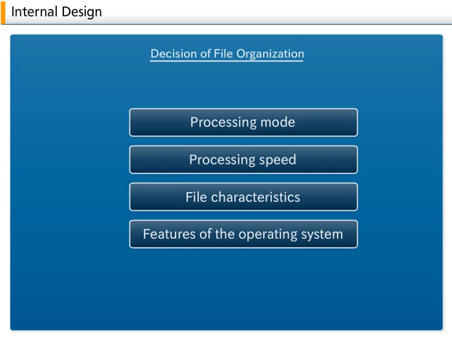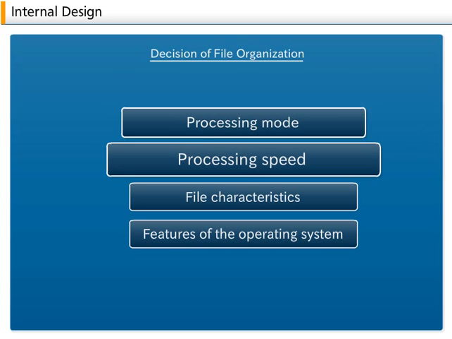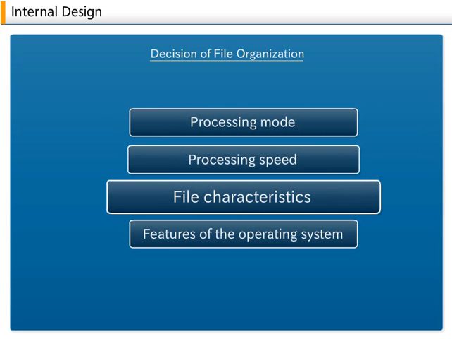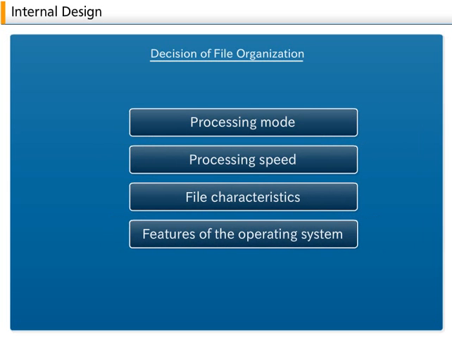B. Decision of file organization. Processing mode, processing speed, file characteristics, features of the operating system, etc. are considered and the file organization is determined.